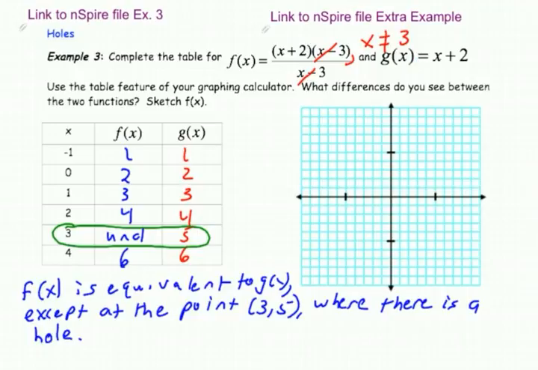All right, so we have a hole instead of a vertical asymptote. I'm going to write this down.